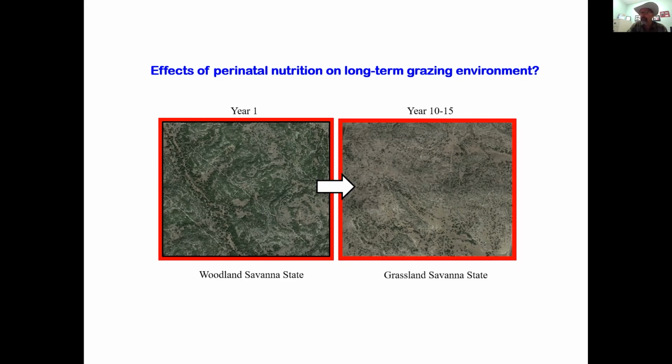Might we be able to, with a better understanding of how this perinatal stress caused by drought might reflect how those animals will use a landscape in the future? And perhaps we can use those animals who may not grow and thrive as well in a highly productive environment or in those wet years, but they may survive better in those dry years.